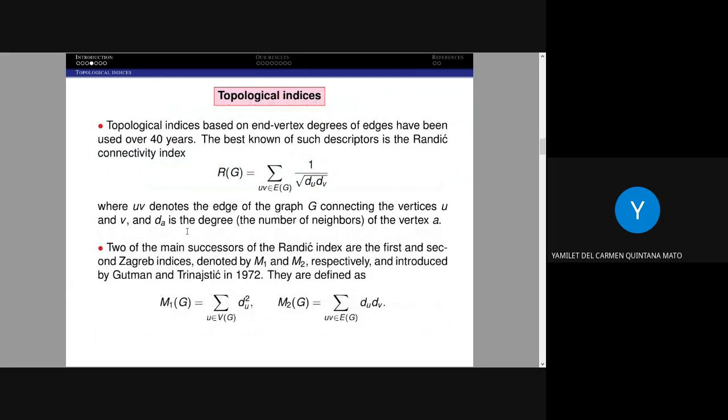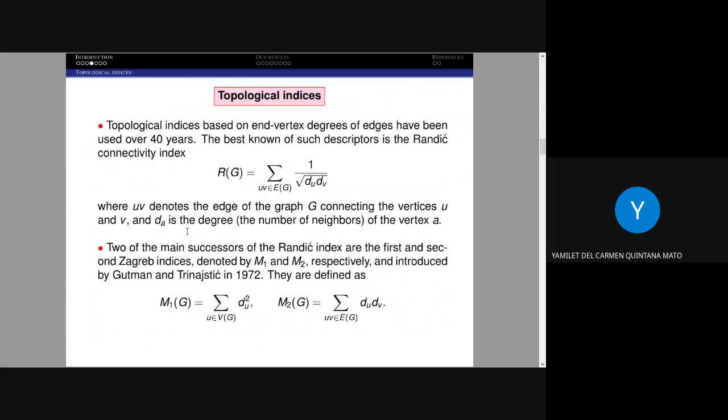Topological indices based on vertex degree have been used for over 40 years. The best known of such descriptors is the Randić connectivity index, given by the expression shown in this slide.